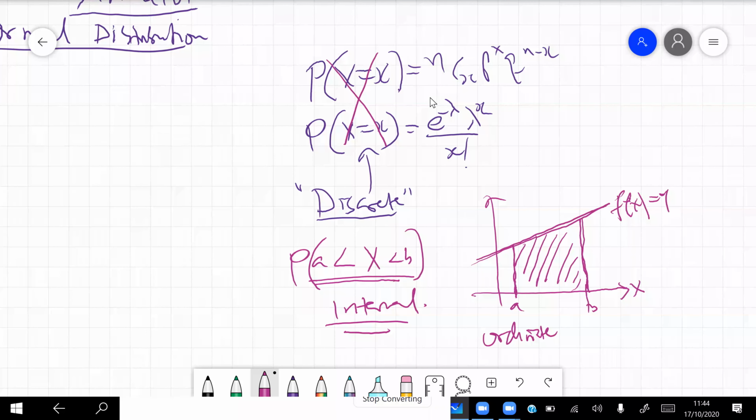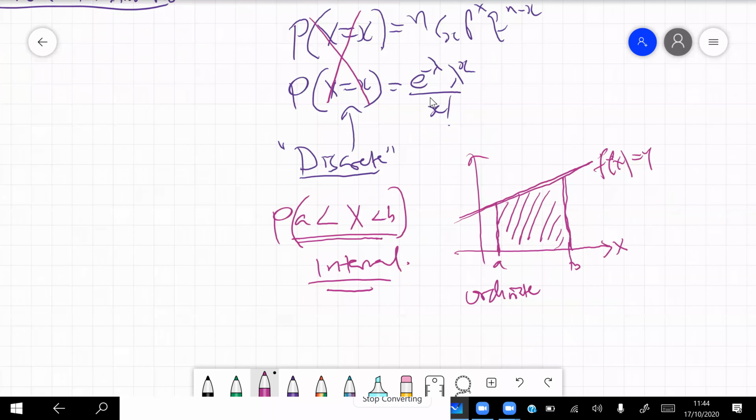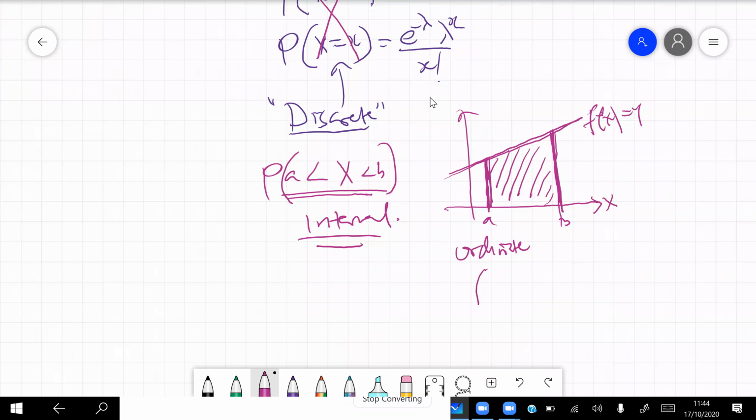If I say that this line here is a function of x, let's say y is a function of x, then the value of y at this point, in other words these ordinates here, is f when x is equal to a. That's the first ordinate. And the other one is this line, f when x is equal to b.